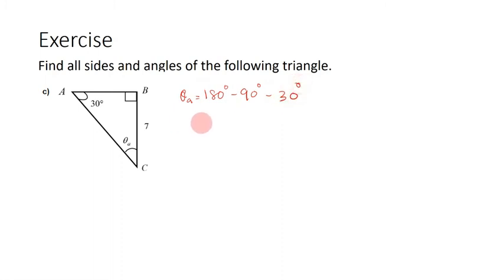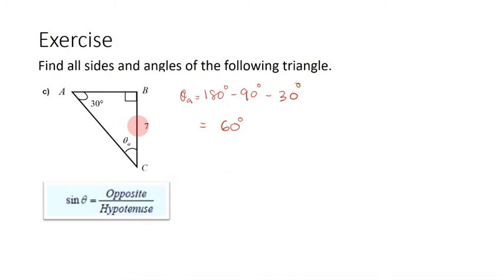So we will get 60 degree for theta A. And if you want to find the sides, again, we can use sine theta equal to opposite over hypotenuse. So for theta here we use 30 degree because we know the opposite is equal to 7.